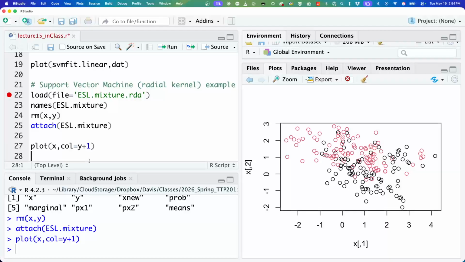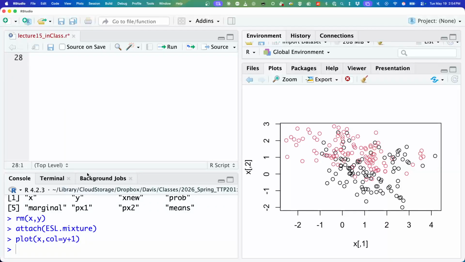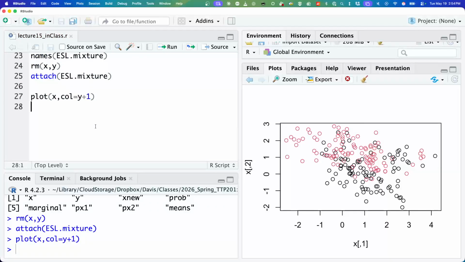So this is why these models are very powerful. They are very flexible in being able to deal with violations and nonlinearity.